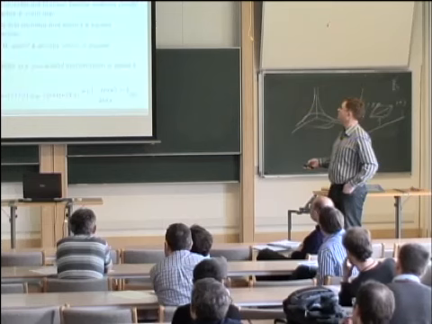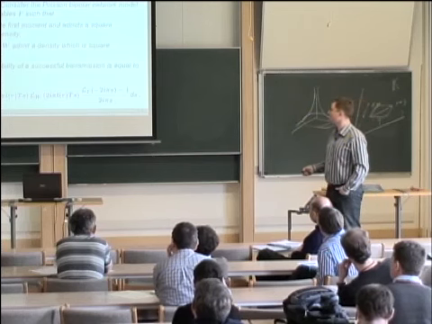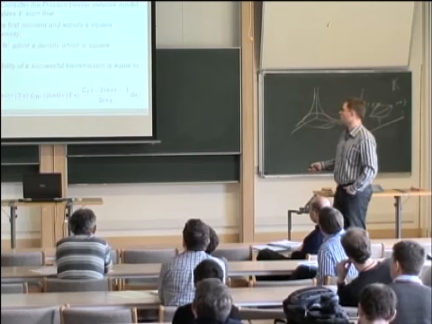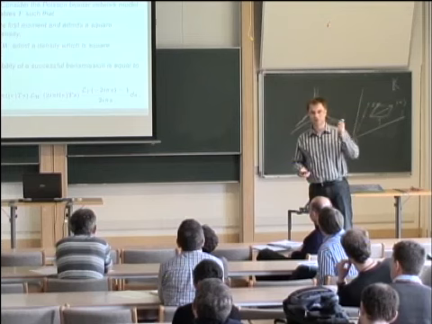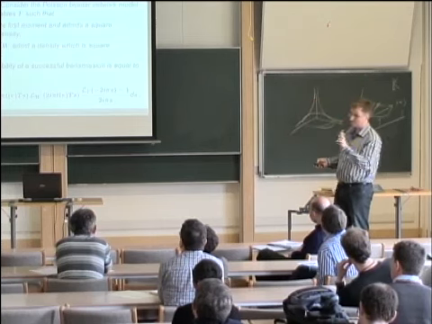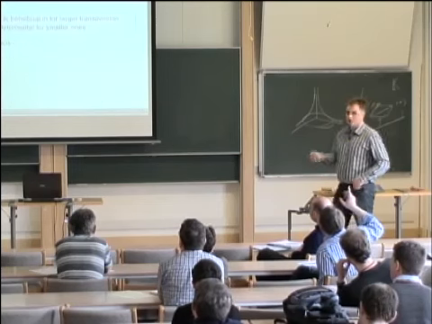Under the assumptions of square integrability of your fading, the quality of channel, and the shot noise, which can again be expressed in terms of conditions on F, this gives you this formula, which is okay, more complicated than the previous one for exponential fading, but still considerably less complicated than the contour integrals that you have when you want to use just the Fourier transform to invert the formulas. Okay.